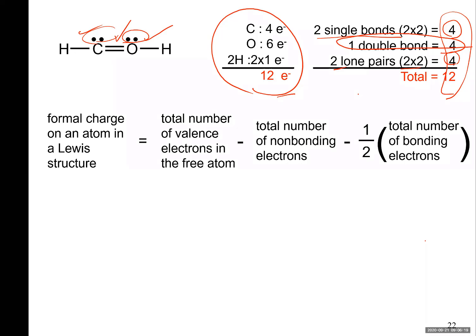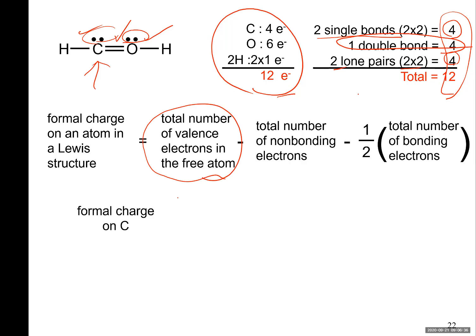Now, if I go to calculate the charge, I can use this formula for each atom. So let's calculate the charge on carbon. The total number of valence electrons in an atom of carbon is what? Is it in group 4A? So that's 4. Minus the total number of non-bonding electrons on the atom of carbon.